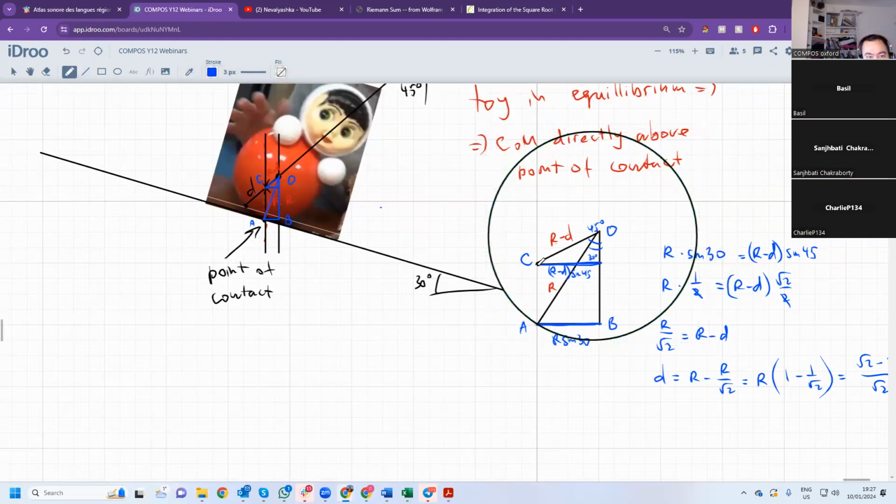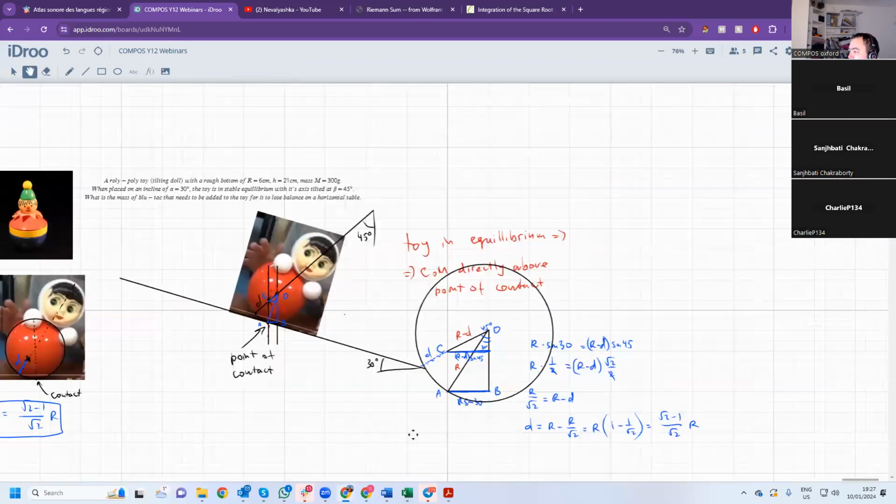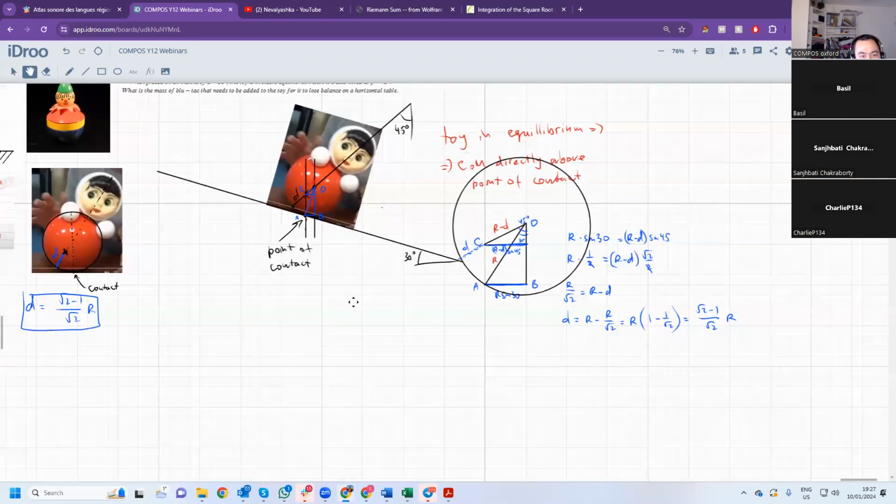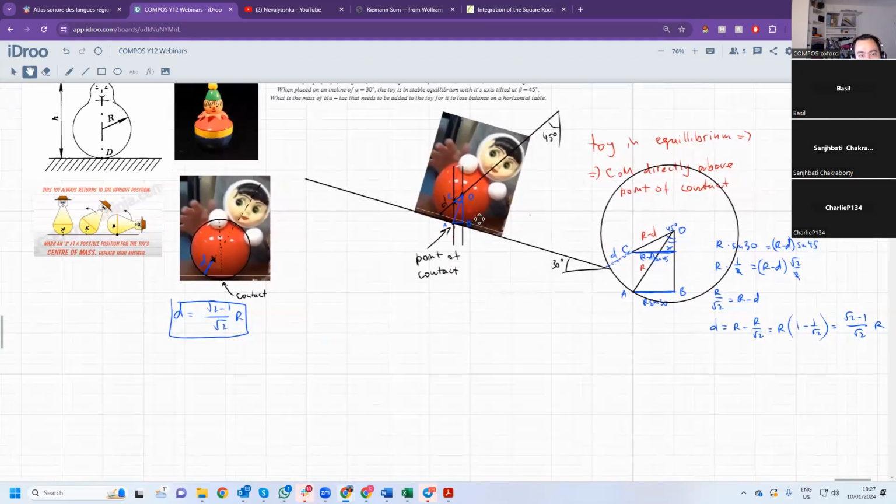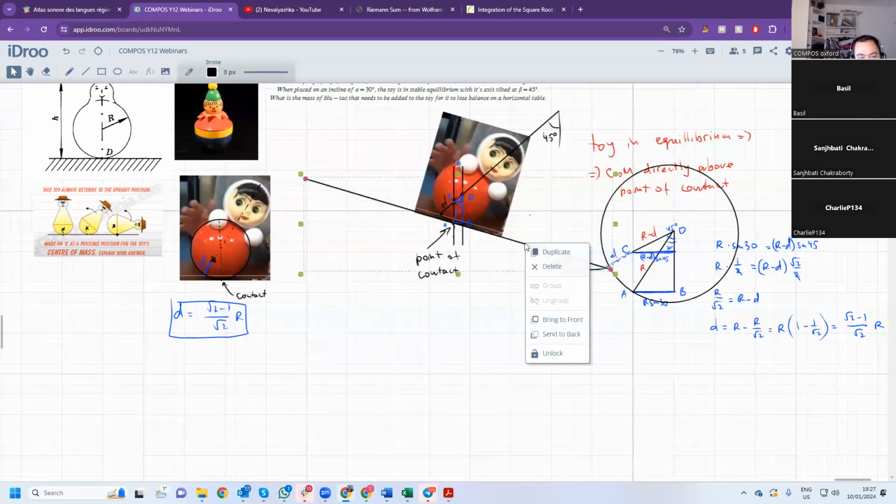So this is D. So this is the toy, this is the circle. Does that clarify things? Or does it make it even more confusing?